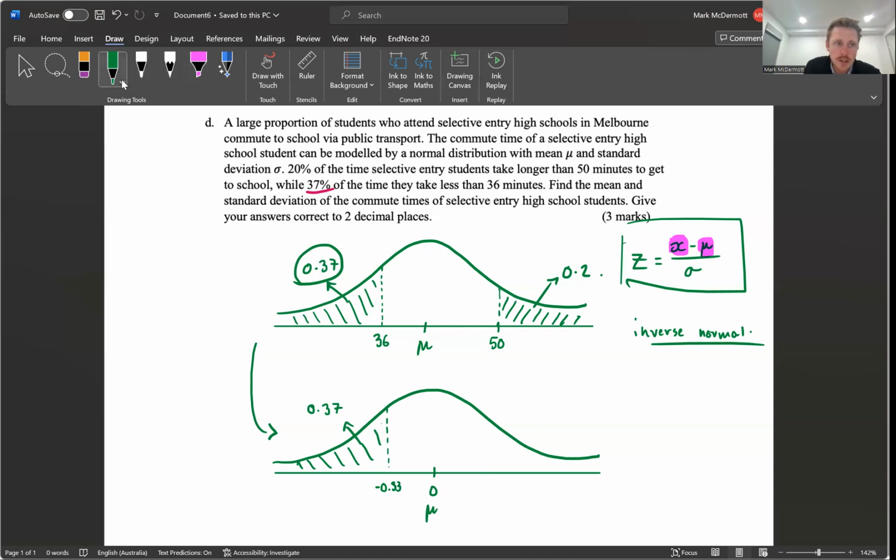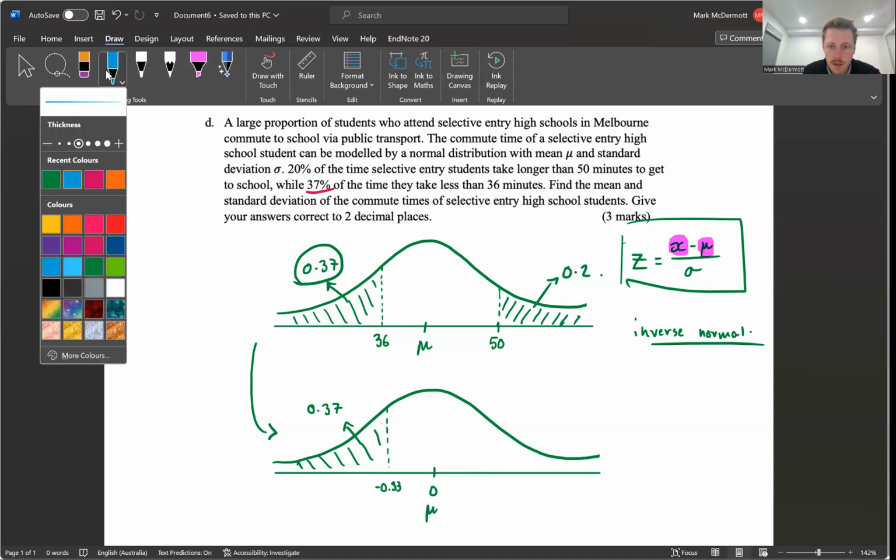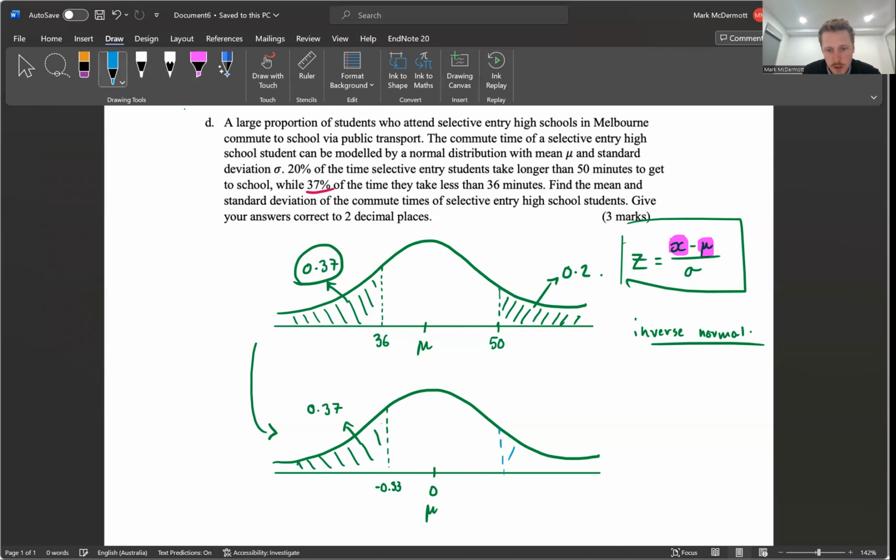Okay, the next one's a bit trickier. We need this part up here to be 20%. Well, if this is 20%, or 0.2, then all this area up to that point must be 80%. Because when your calculator does it, it assumes you're talking from 0 across, so we need to say we need 80% of the area under there.